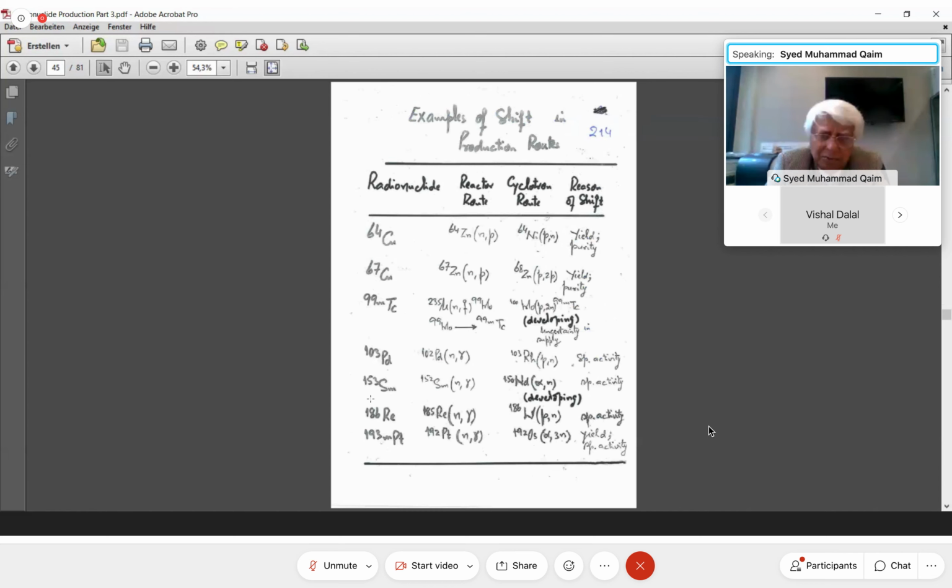One has gone over now to the cyclotron route, nickel-64 (p,n). Why is this change? Why could one not remain on the reactor one? The reason is that the yield is very low from the n,p reaction and the purity is also not good. The low yield and low purity demanded that a cyclotron production method should be developed, and that is the nickel-64 (p,n) reaction.